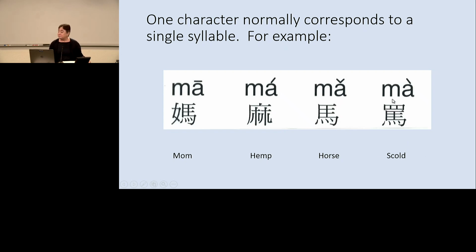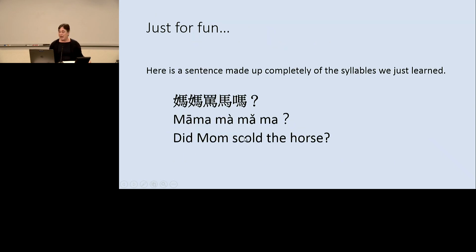Okay, finally we have this combination of fourth tone, mà, and we have this character that is pronounced mà and means scold. So with this mā, má, mǎ, mà, and another addition, we can have some fun and make a sentence that has exactly the same sounds, but you change the tone and it changes the meaning, and also you need to see the characters to make it make complete sense.